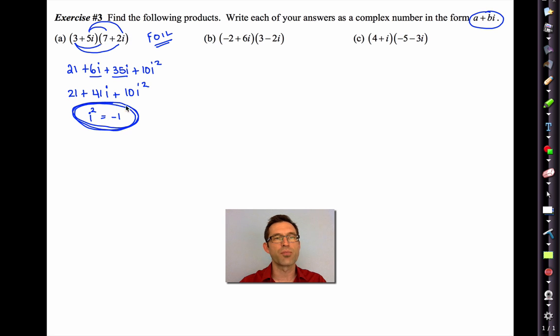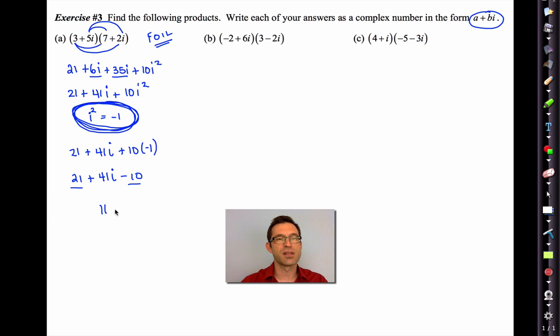This is probably the most important thing about i. Maybe even more important than knowing that i is the square root of negative 1. Anytime I see an i squared, I'm going to replace it with negative 1, and we're going to see that repeatedly. But that means I can now combine it with this real portion.